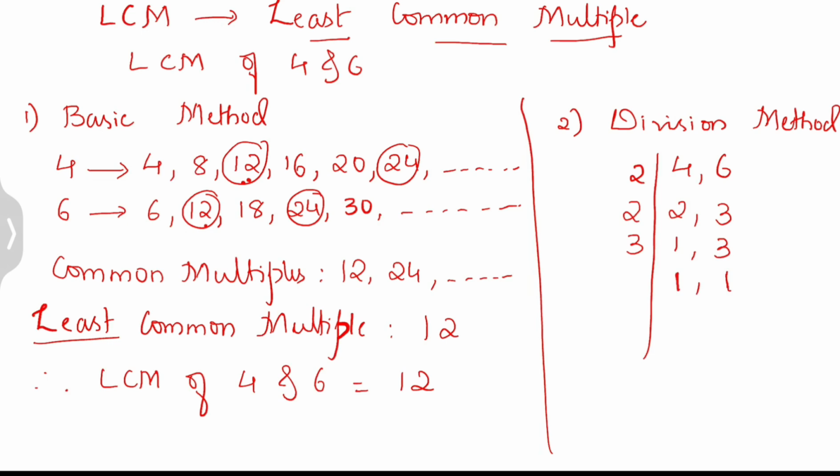And whatever are the numbers in the left hand side, we have to take the product of that, and that itself is the LCM. So therefore 2 into 2 into 3. So 2 2s are 4, 4 3s are 12. So 12 is the LCM of 4 and 6. So this was the division method. So this is all about LCM.